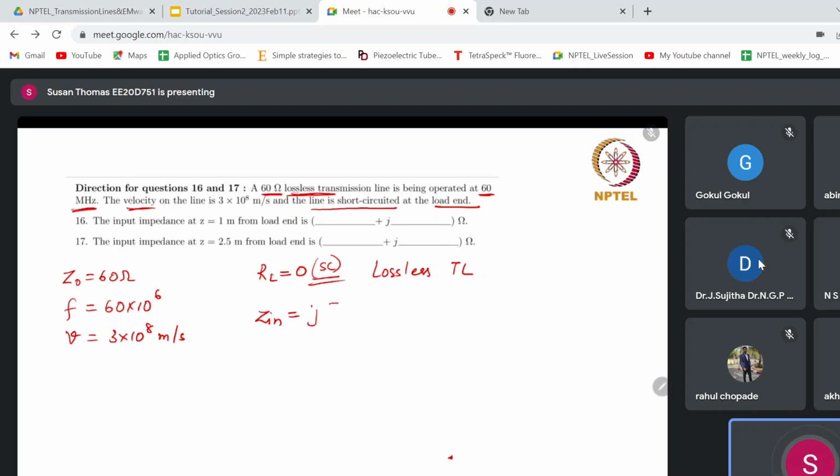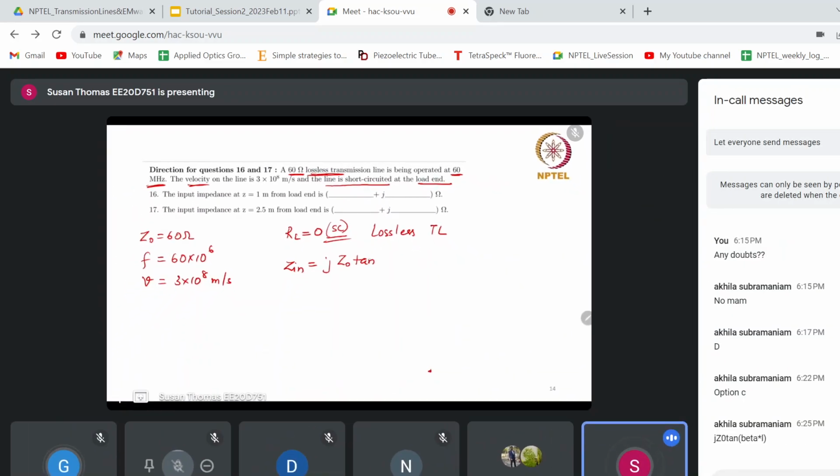I think I can give you the equation. Probably you might have gone through. It is j Z0 tan beta L.